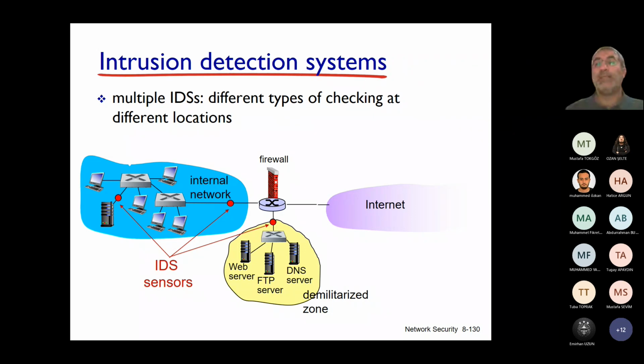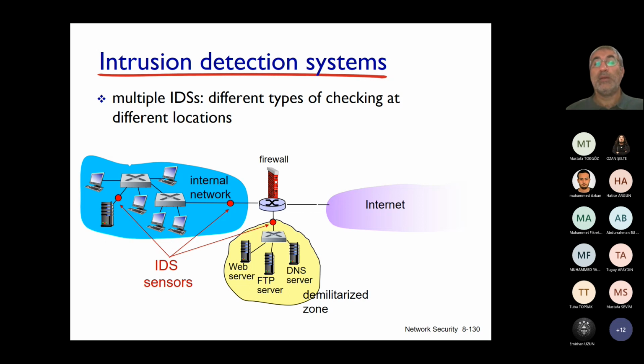This IDS sensor is like a security person at a company or a university. Usually the security person is there at the entrance of the campus, right? Or at the entrance of each department building. Some are mobile, they move around so that they can check security.